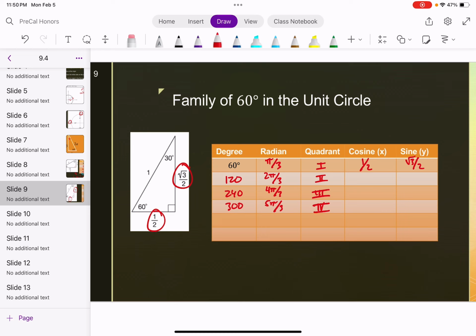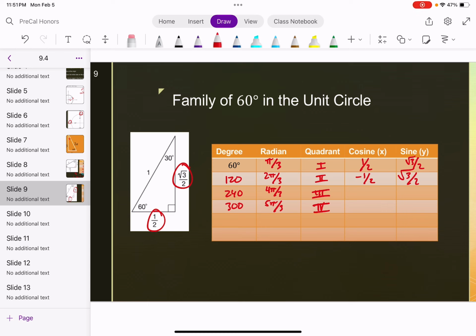Now, as you become stronger and stronger in understanding what quadrant things are in, you will have an easier time at understanding what our graphs should look like and what our points would look like. In this case, because we're going into the second quadrant, keep in mind that side is going to be negative as far as your x. So this is going to be a negative 1/2, and our y is going to be root 3 over 2.